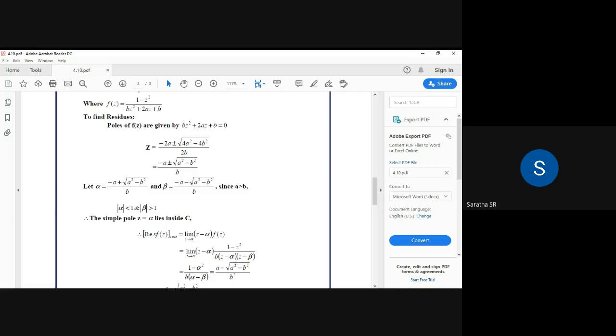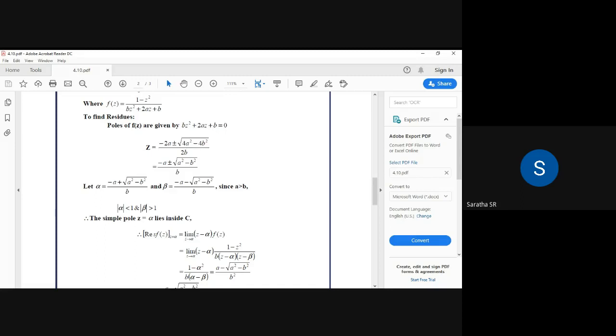Minus 5 minus 4 is minus 9, and minus 9 by 3 is minus 3. If you take the modulus, minus 3 becomes plus 3, which is greater than 1. That's why the beta value lies outside the circle, and the alpha value lies inside the circle.